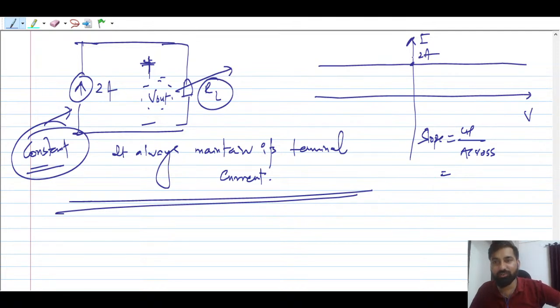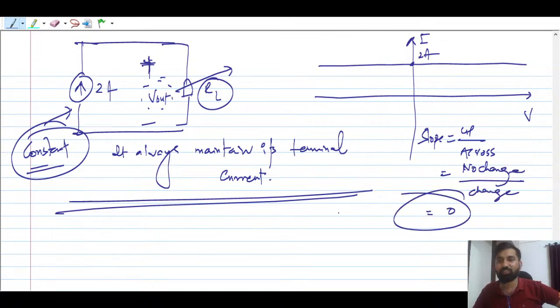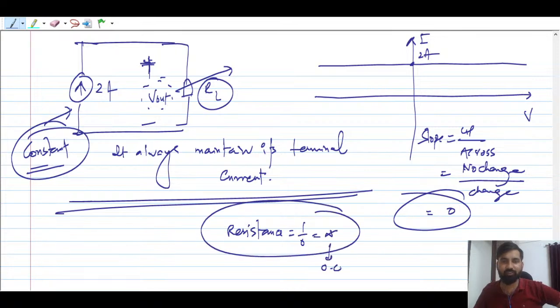But you see, guys, this is across, like you are changing a lot, right? No change upon change. कितना आ जाएगा ये? 0. Slope is 0, guys, right? तो resistance कितना हो जाएगा? Resistance, which is infinity, and this infinity is nothing but open circuit, you can say. These are the extreme cases, ठीक है?